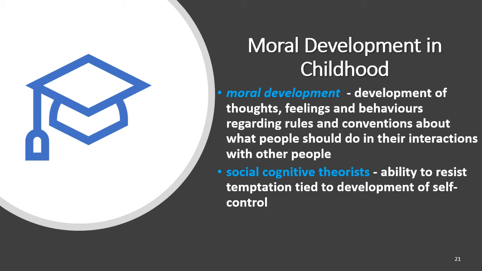And the social cognitive people are saying, well, maybe, or maybe their brain is getting more myelination, and they're able to pay attention better and resist temptation better. It's actually a cognitive jump, not, for lack of a better word, that they haven't become more good.